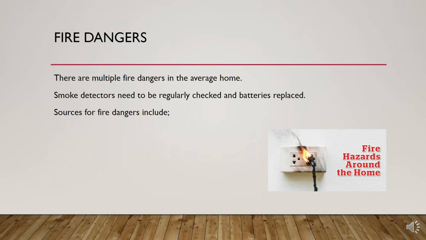Just think of where common fires can start. And a lot of us will have a kitchen nowadays upstairs and then also a kitchen downstairs. So it would be a good idea to have a fire extinguisher in both of those areas if you have two kitchens, as well as a garage.